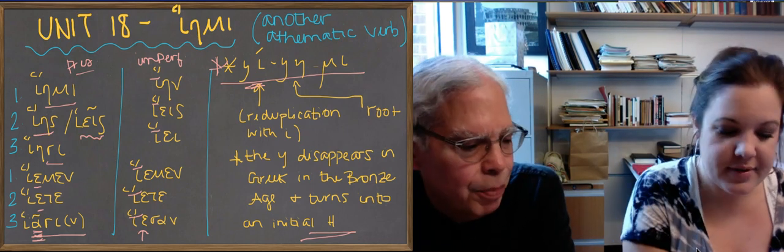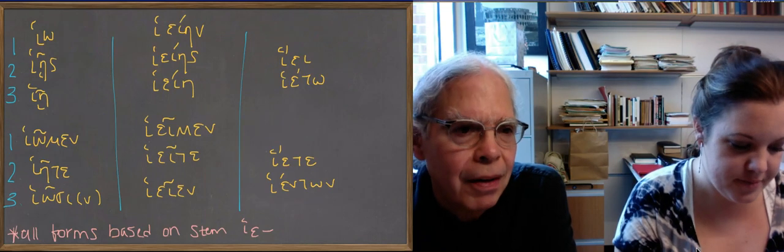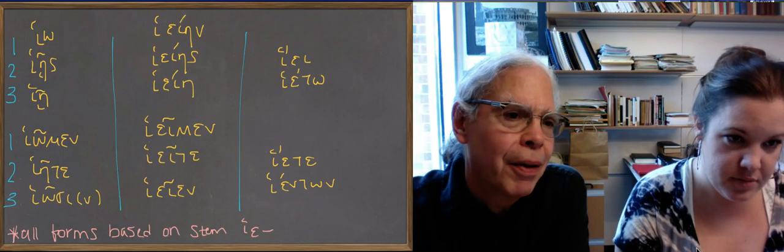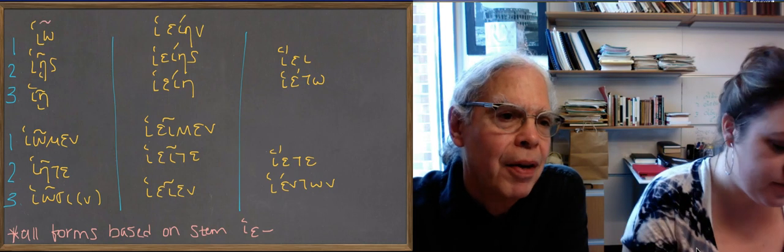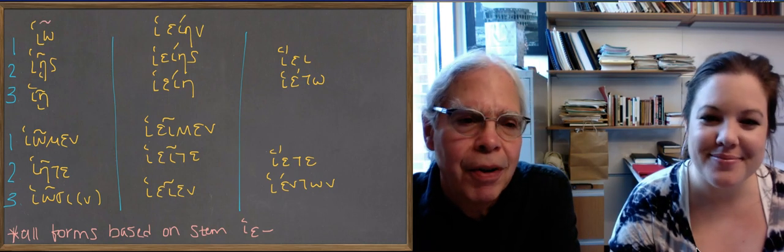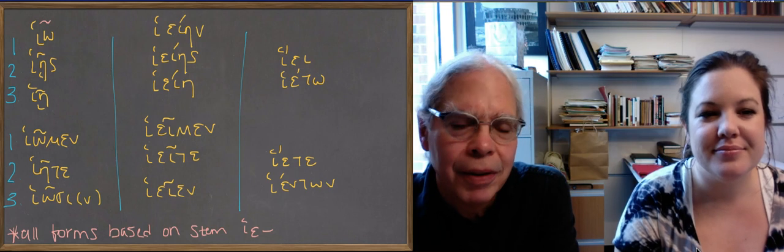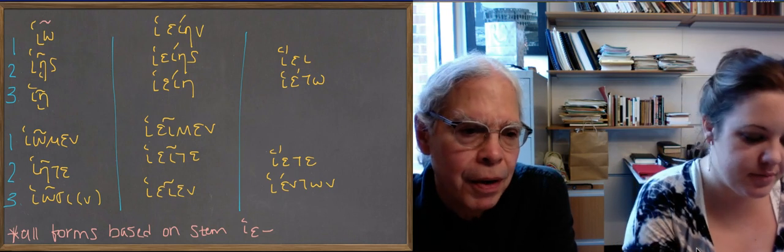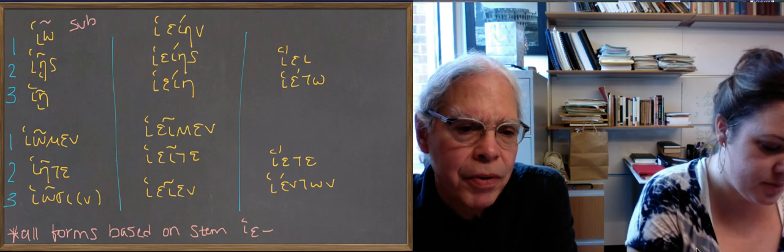Should we move on to the next page? Yep. So on this page, the first form listed is missing an accent over the omega there; it should be a circumflex. The first column has the subjunctive. What's happened is, as it says at the bottom of the blackboard there, all forms are based on the stem here.